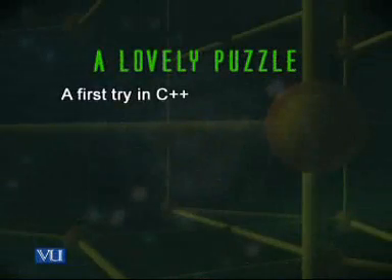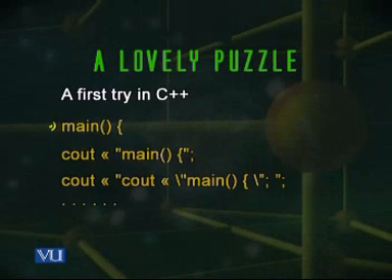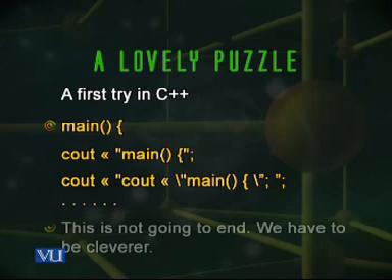The first idea would be to start writing a program that prints itself. So you can write main, and then you open your brackets, and now you start printing whatever you have written. So the first thing you will do is put the statement cout << main and so on, as shown in this diagram. As you can see, this seems to be an unending process. As I write more, I am required to write more.